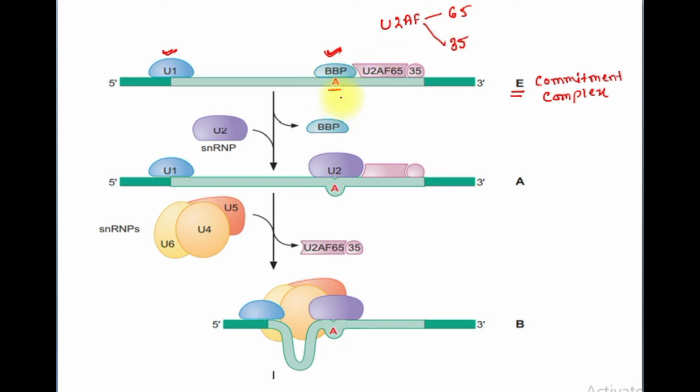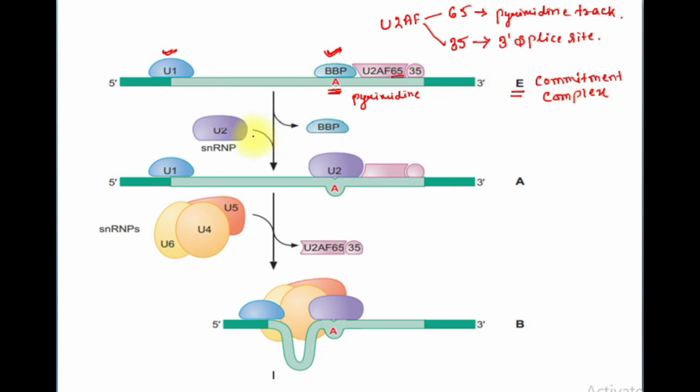We have already discussed that adjacent to this adenine there is the pyrimidine tract. So the 65 subunit of U2AF binds with the pyrimidine track, and the 35 subunit binds near the 3 prime splice site. So what happens next? This is known as the E complex or the commitment complex.